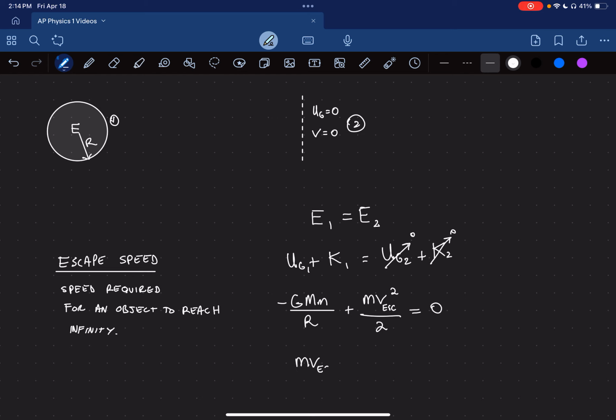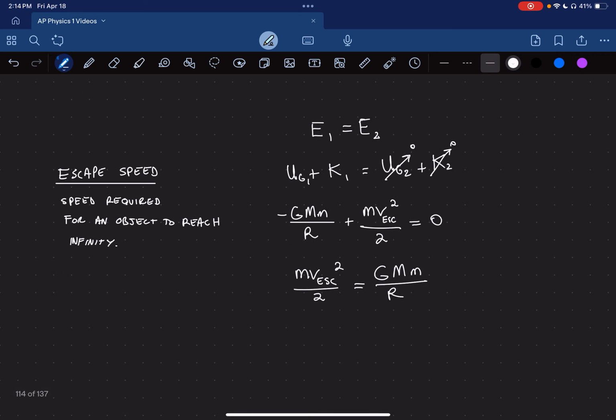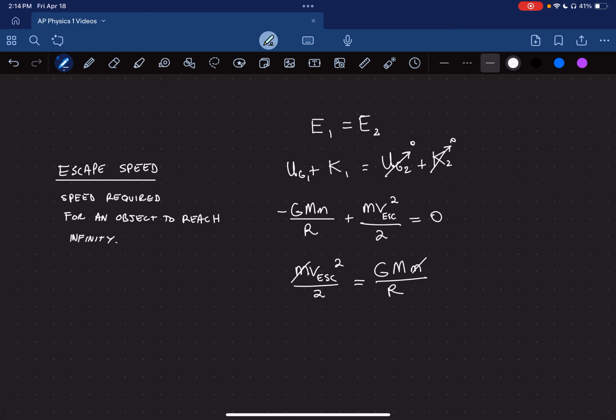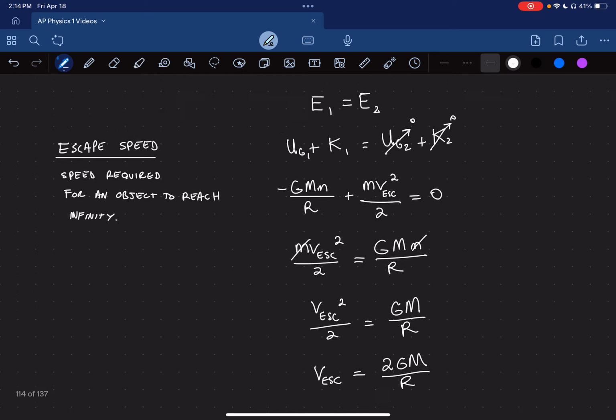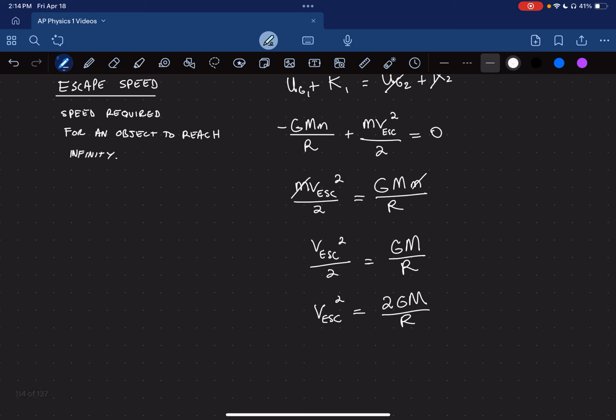This is V escape squared over 2 is equal to G capital M over R. Capital M, lowercase m, we can cross out the m's. And so V escape squared over 2 is equal to GM over R. And we'll do V escape squared is 2GM over R, and we need to take a square root.